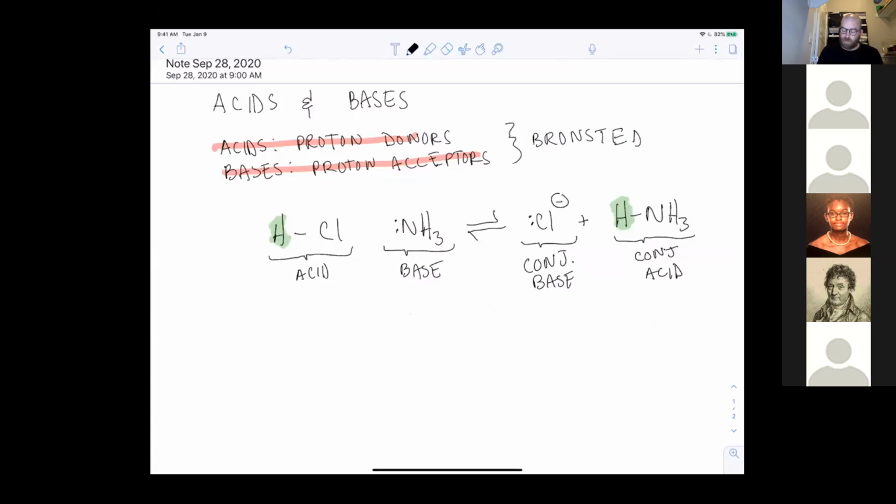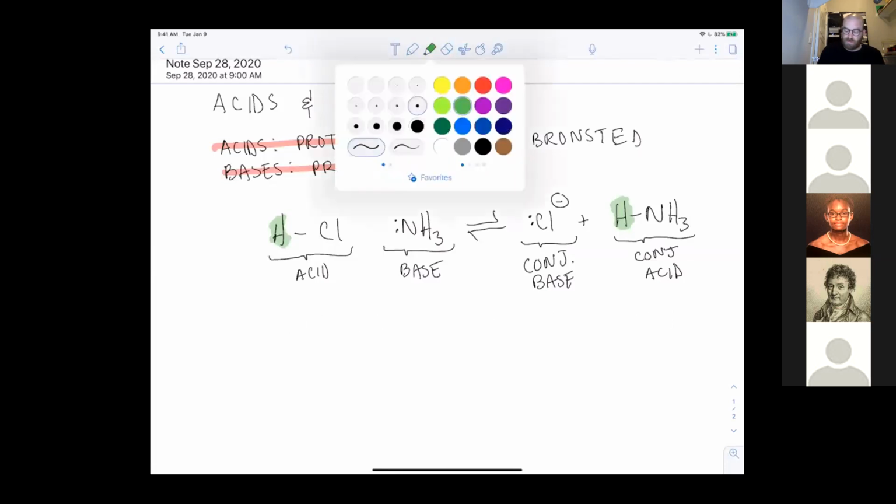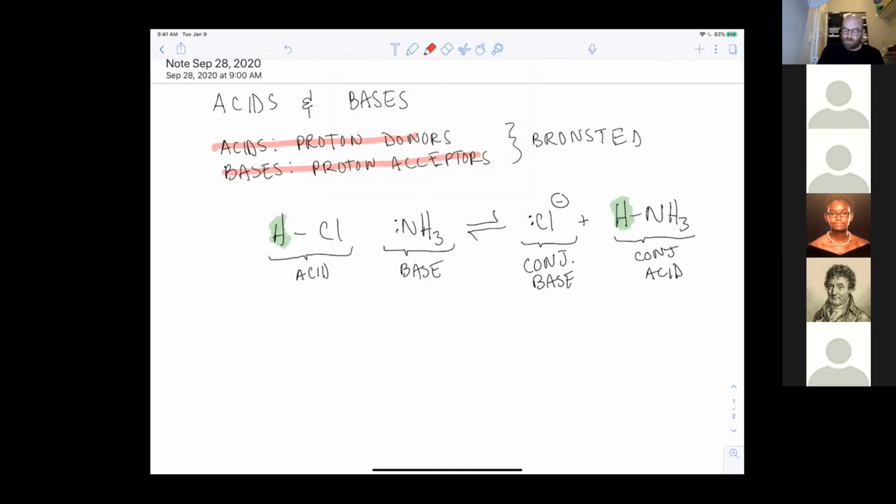So if I'm running it backwards, what I'll notice is here I've got chloride, but when I go to the other side of the reaction, the chloride has picked up a proton. So if I run the reaction in reverse, this is now behaving as a base. And the same thing is true here. Here I've got a proton on the NH3, so it's NH4 plus. It should have a plus on it.